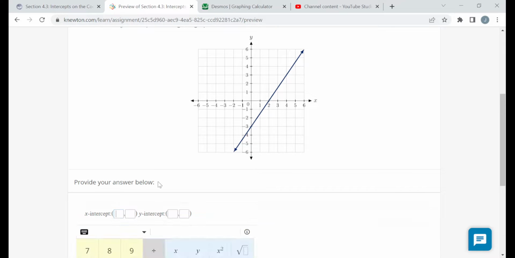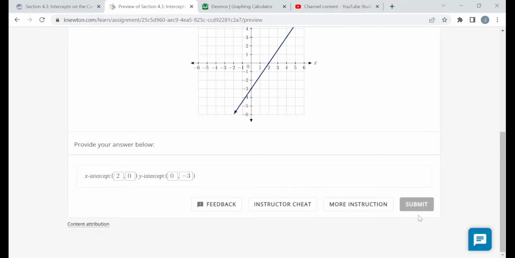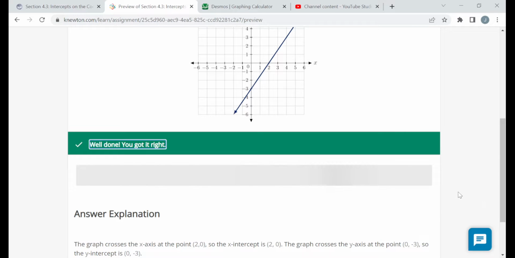It's very easy to see. 2 for the x, and again 0 for the y, always for x-intercepts. And then the point on the y-axis is here at -3, so 0, -3. Always 0 for the x-coordinate of the y-intercept, and then -3 for the y-coordinate. And that's it. That should be an easy objective in my opinion.